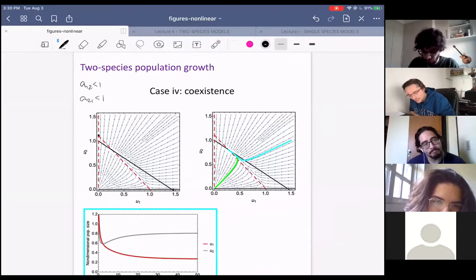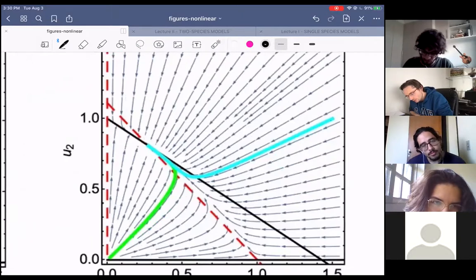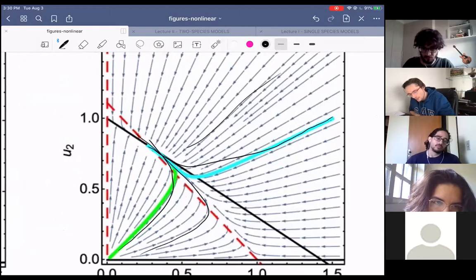But as you can see now, the vector field is a little bit different. So now these points are unstable or are saddle nodes, and the flow of the vector field goes to the point of coexistence in these trajectories or in this one or in any trajectory that you can imagine. So now this fixed point is stable.